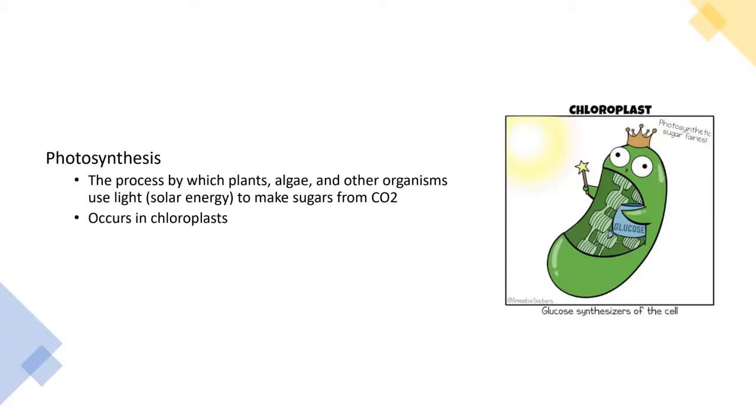The process by which plants, algae, and some other organisms, I'm going to say these are all photosynthetic, are able to use light energy from the sun to make sugars from carbon dioxide, to make organic compounds. Okay, and sugars are organic compounds.